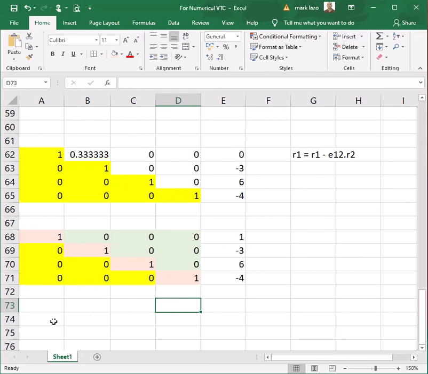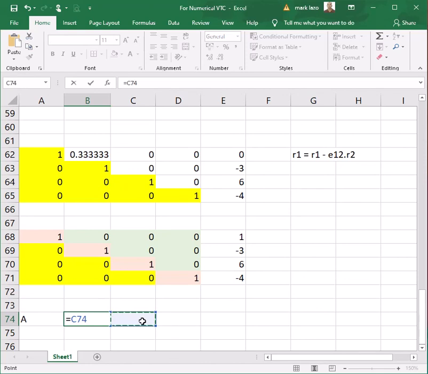So again, the purpose of the Gauss-Jordan method is to eliminate the back substitution, because from here we could directly get the values of our unknown coefficients.